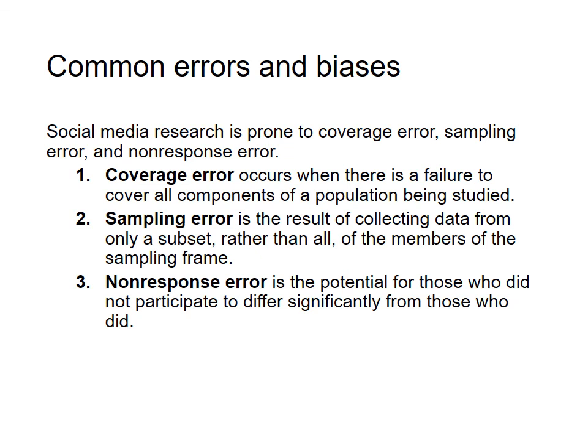Sampling error is the result of collecting data from only a subset rather than all of the members of the sampling frame. Non-response error is the potential for those who did not participate to differ significantly from those who did. These are not uncommon challenges. No matter what kind of research you're doing, you frequently incur these 3 types of errors.